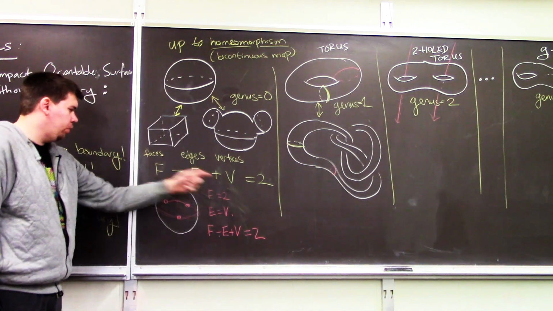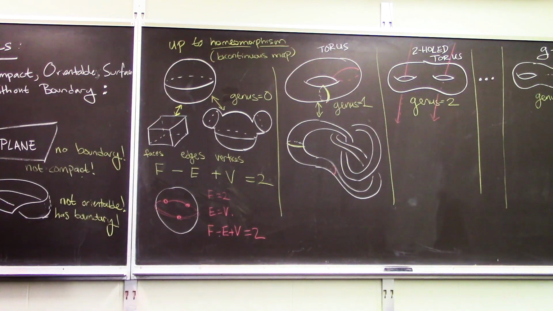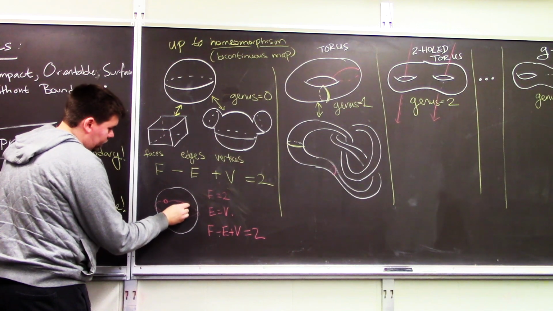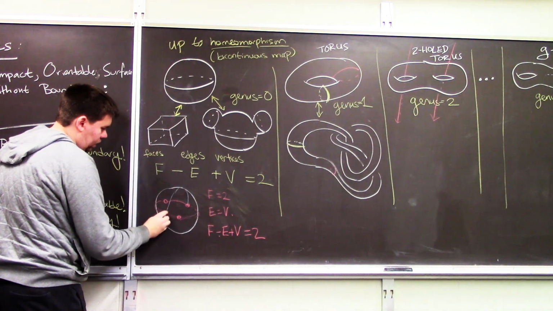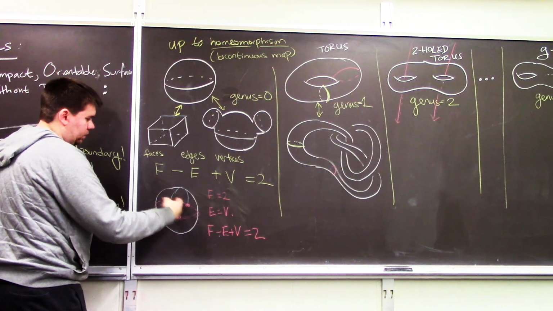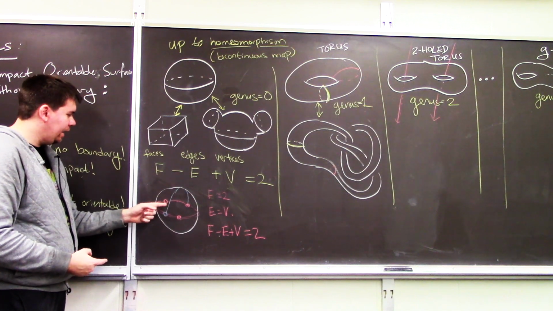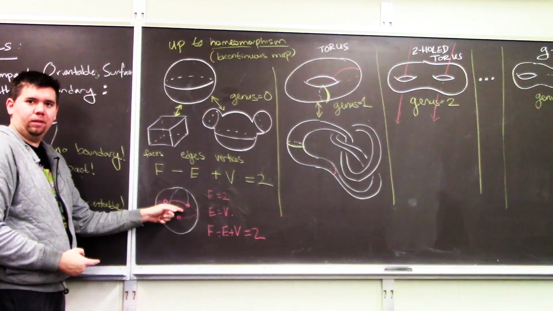Okay, but we've only proven there are 2 faces. What if you have more faces? Okay, good question. If you had more faces, well, maybe you have some guy that comes up and breaks this up into a couple faces. But notice what I've done. In order to break this up into a couple faces, I added an edge, but I also added a face.